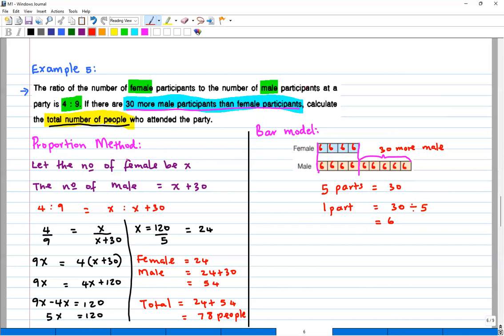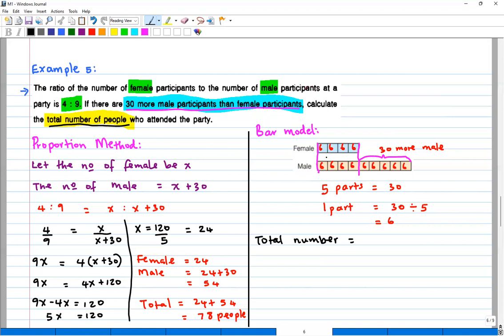Now, we need to calculate the total number. How many people attended this party altogether, both male and female? So it means that the total number of participants will be the total number of squares times 6.